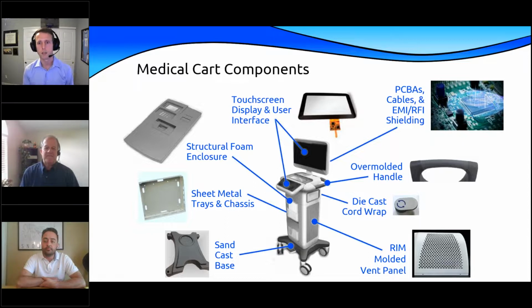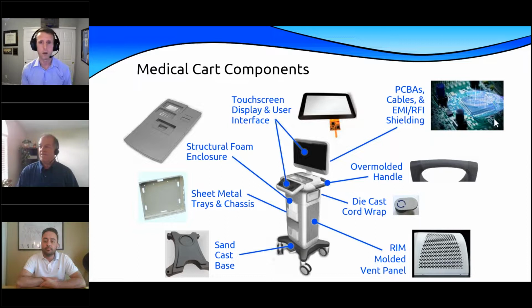And then clocking to the right here, we've got an image of one of the printed circuit board assemblies that lives inside the cart. So this cart has about a dozen boards inside of it, and then some box build sub-assemblies that also include cable and wire harness assemblies and some components and coatings to apply for EMI RFI shielding protection.